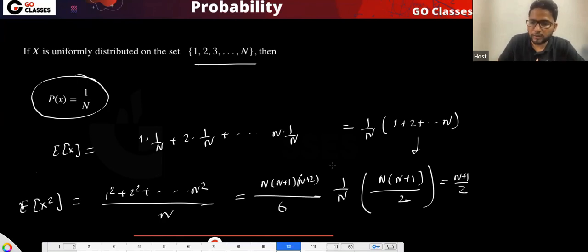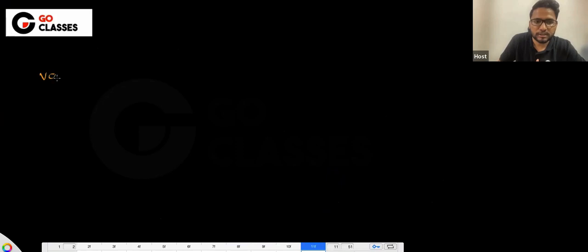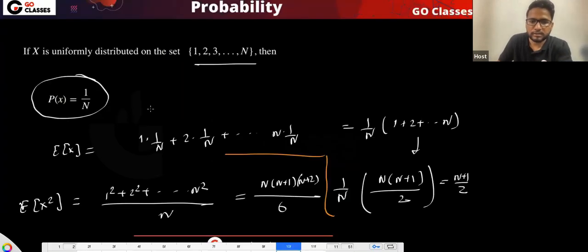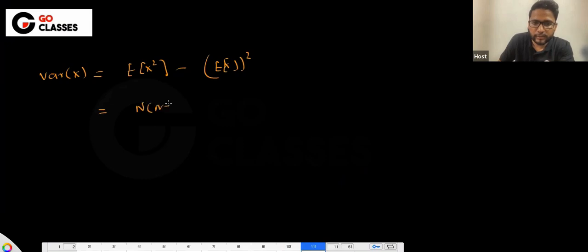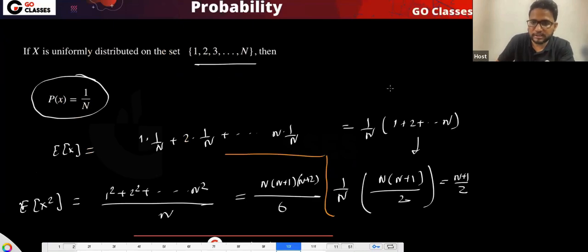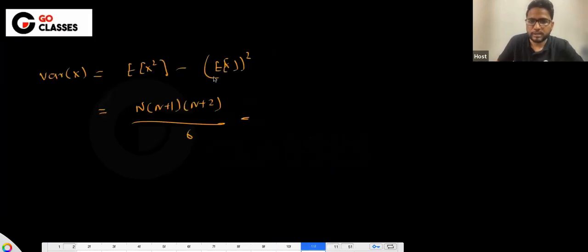Yes. So now you have this one. And then you can find out the variance, which is variance of x equal to expectation of x square minus expectation of x whole square. Okay? And then expectation of x square is n into n plus 1 into n plus 2 by 6 minus expectation of x whole square, which means n plus 1 by 2 whole square.